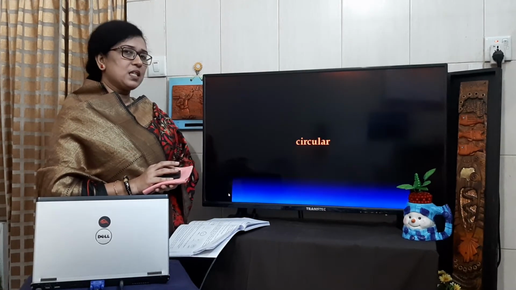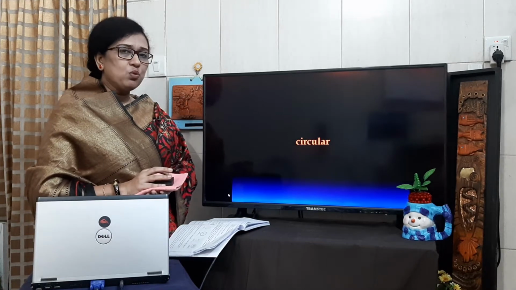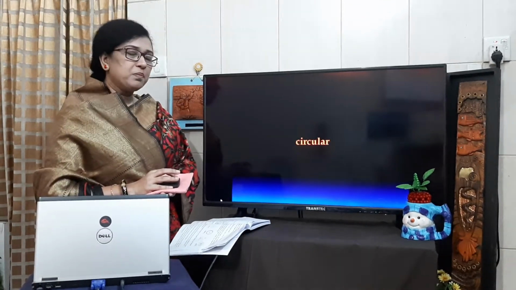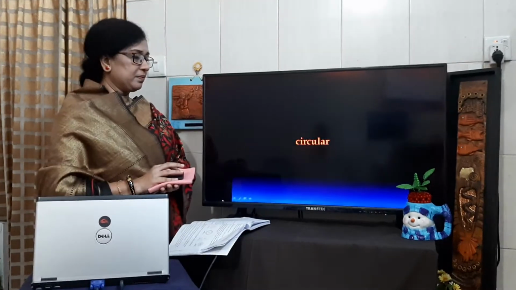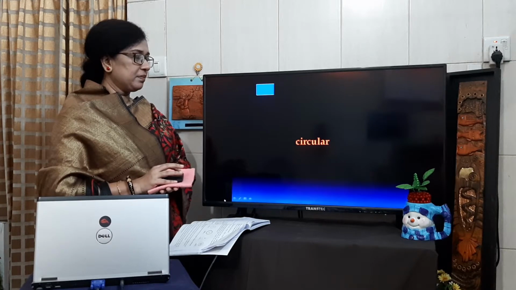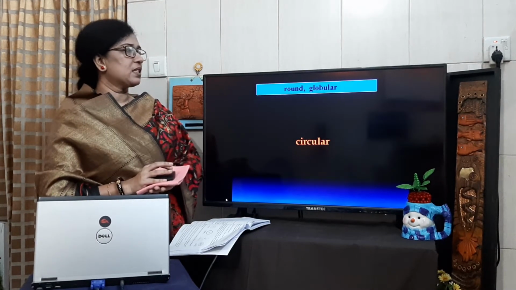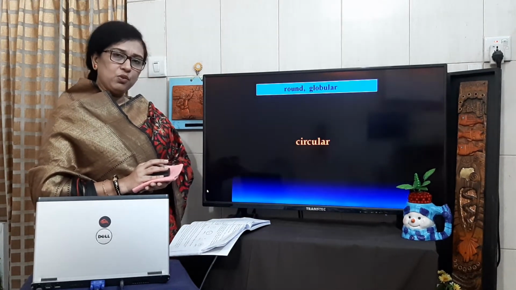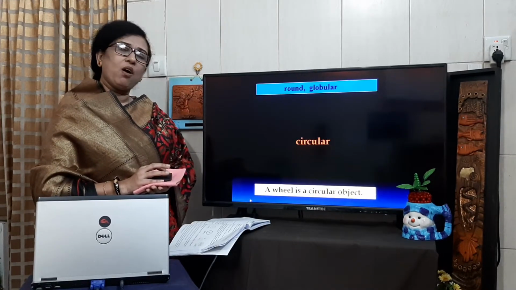The first one is circular. We have uttered this word circular. Please pronounce with me, circular. And the meaning of circular is round, globular. A wheel is a circular object.